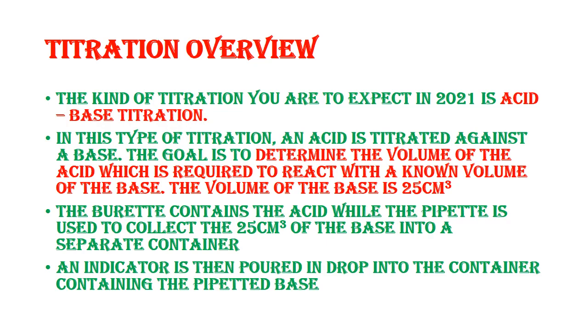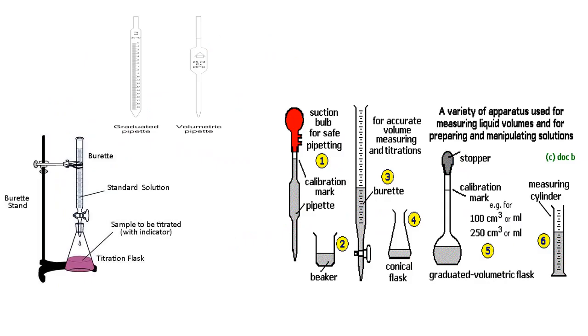You can see the apparatus that is expected to be used. Towards the left-hand side, you see a titration setup. The liquid inside that container is purple; that purple liquid is the base with an indicator poured in.